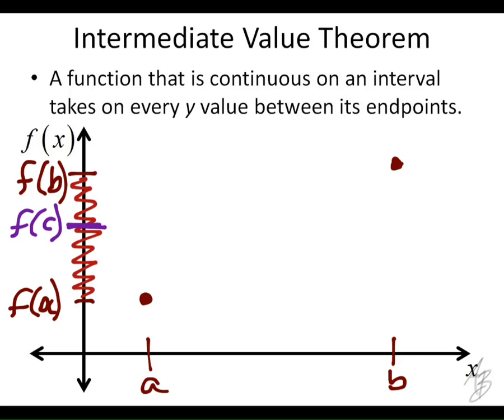Now, this seems very intuitive, and it is. It has a name, the intermediate value theorem. You need to get to know that name, because I will tell you that on the AP test and also on my tests, you will use the intermediate value theorem as an explanation or justification for your answers for certain types of problems. We will abbreviate it. You don't have to write out intermediate value theorem.